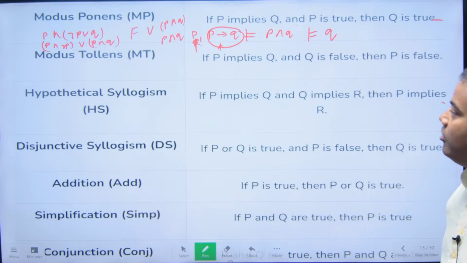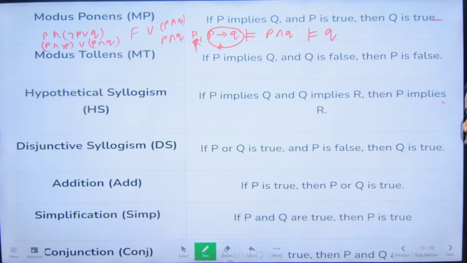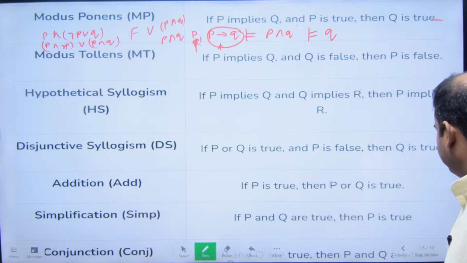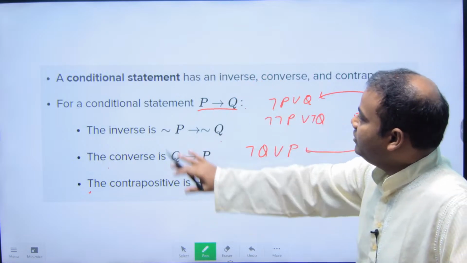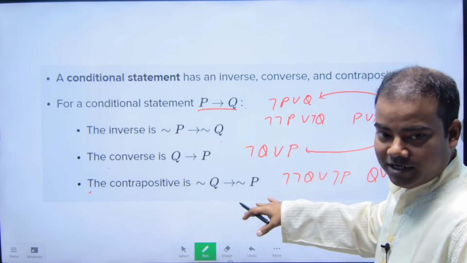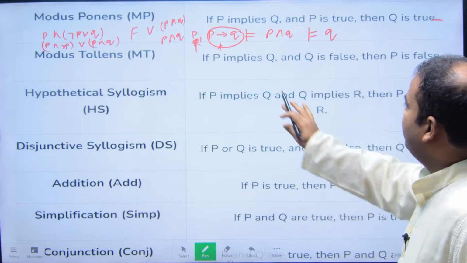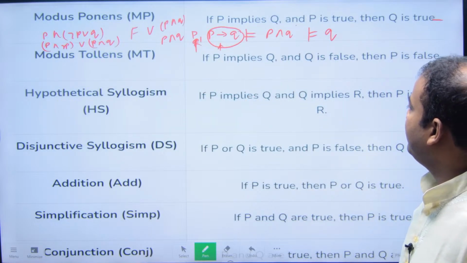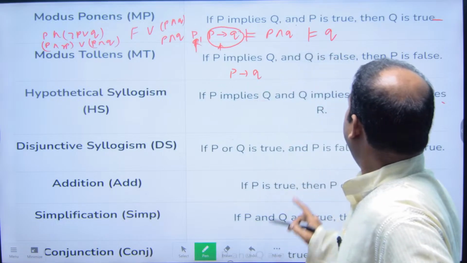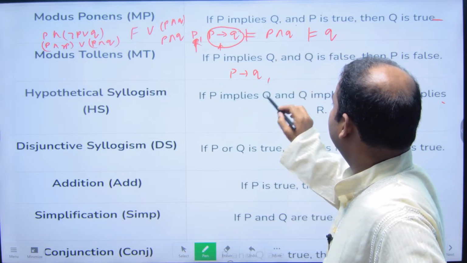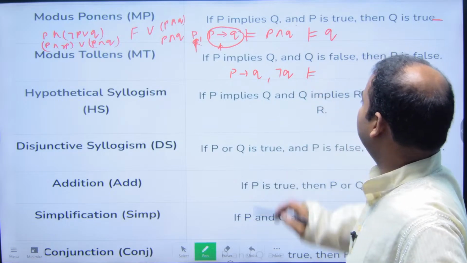Now come to modus tollens. Before understanding modus tollens, it is easy to understand this thing. We have already gone through the conditional statement. Now from the conditional statement: if P implies Q is true and Q is false, what is the conclusion?